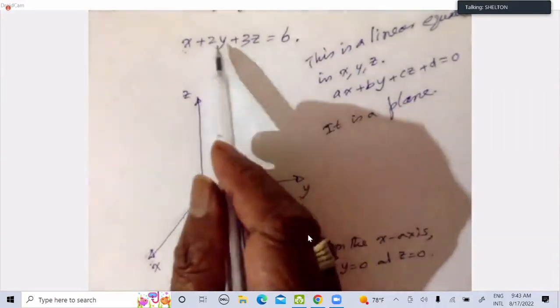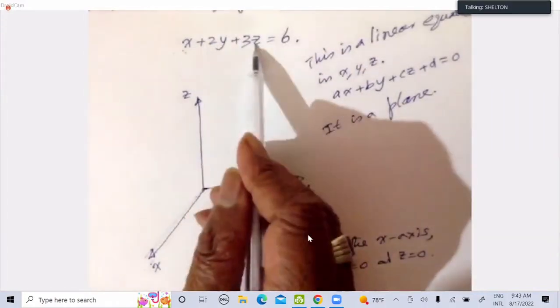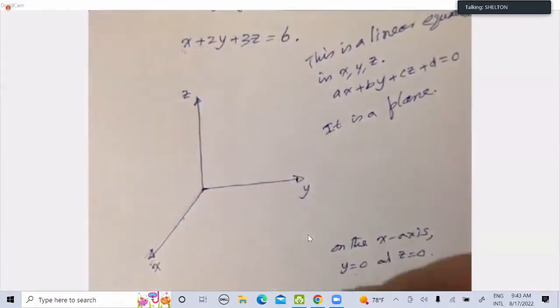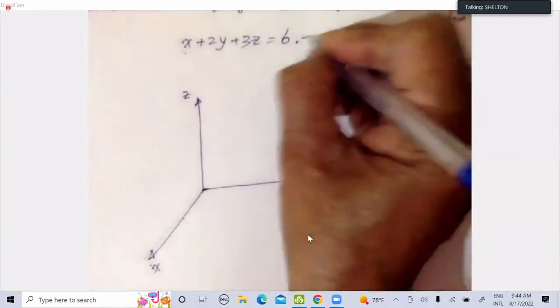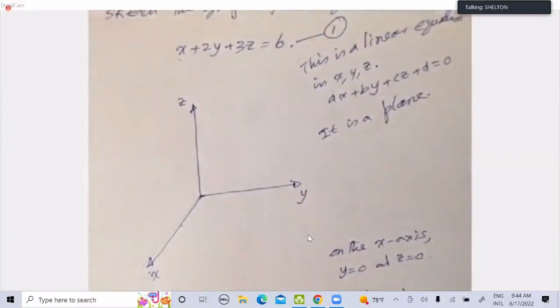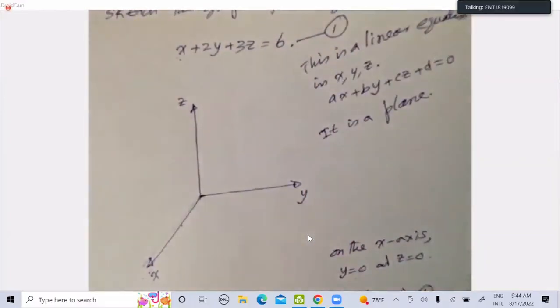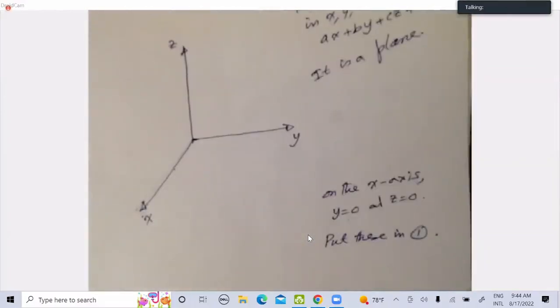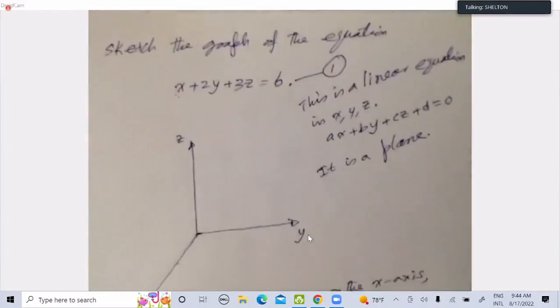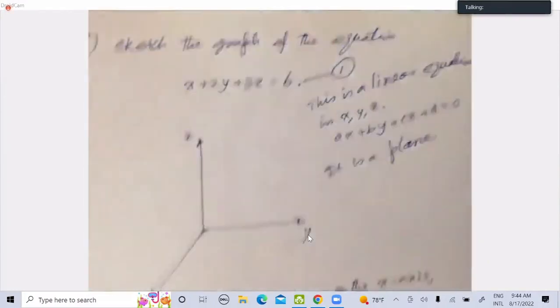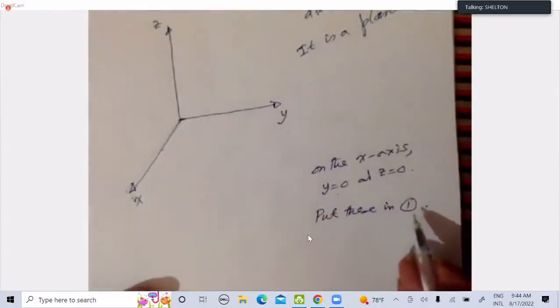Now go here and put y 0 and z 0 in equation 1. What do you get?